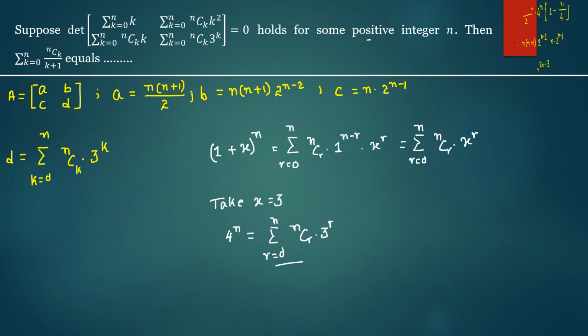So therefore, we can easily say that in this particular problem, it is the sum of all the coefficients, which is equivalent to 4 to the power n. That's simple. So we are now able to find all the entries in the determinant. Now let's write down the determinant.